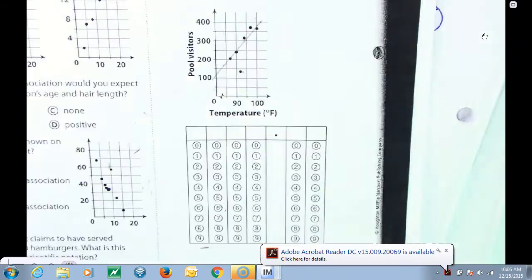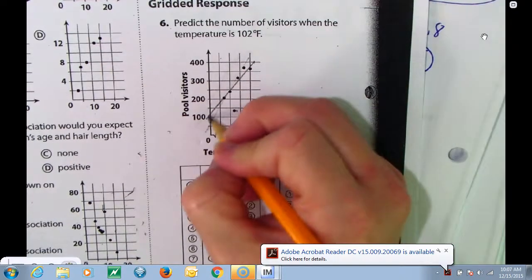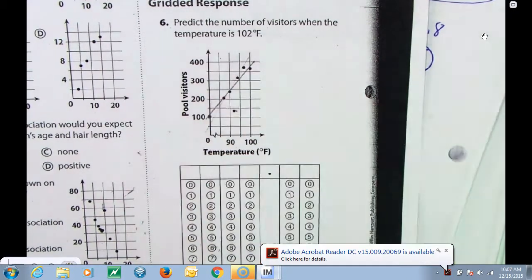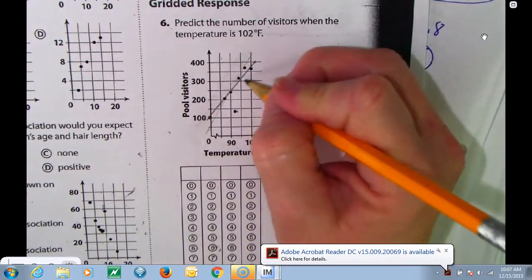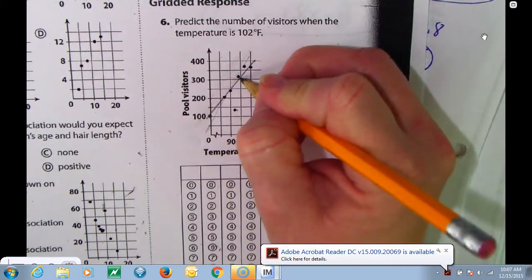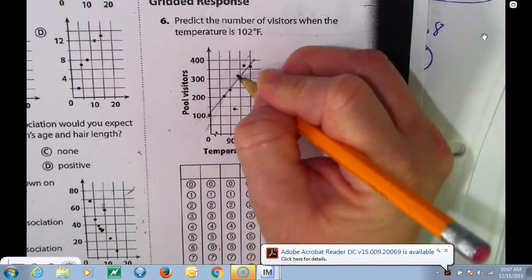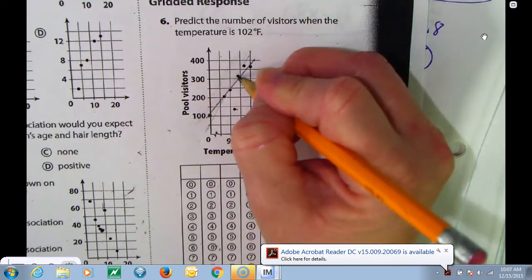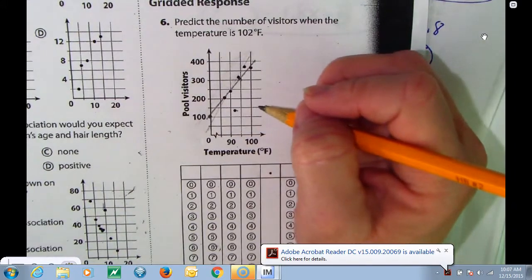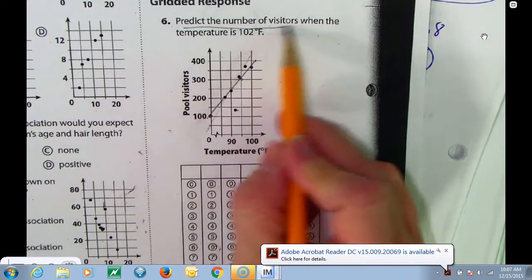Okay, you're going to start on number 6. You're going to start actually at 100. That's the Weiner set. And then you're going to make sure your trend line goes through 95, 300. So everybody got it? It says predict.